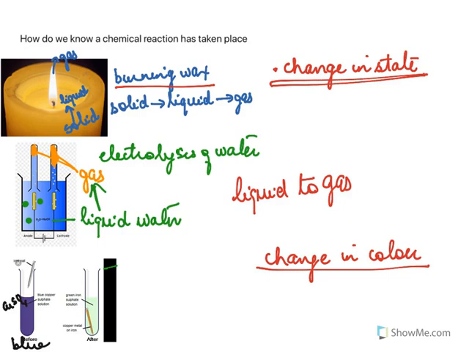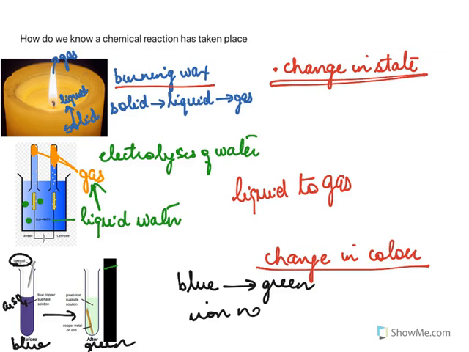When we put this iron nail in, the color changes to green. Why is that? We'll learn later. The blue changes to green when an iron nail is immersed in copper sulfate solution. So a change in color also indicates there is a chemical reaction taking place.